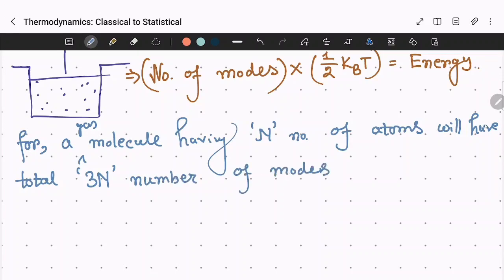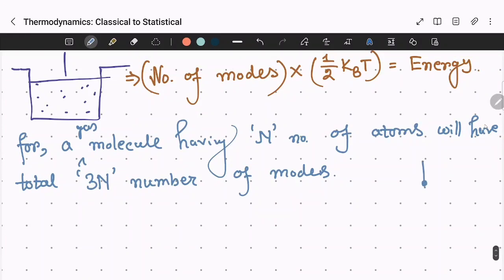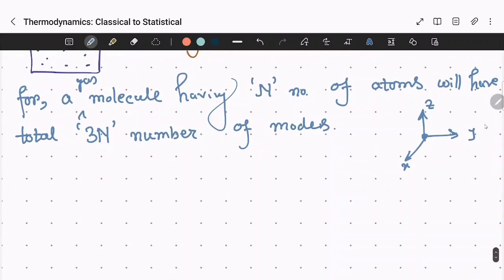So total 3n number of modes will be there, because we know that there are 3 degrees of freedom for each molecule. Let's say there is a molecule, so there will be 3 degrees of freedom, x, y, z. If there is n number of atoms, then there will be 3n number of modes. Degree of freedom will be 3n.